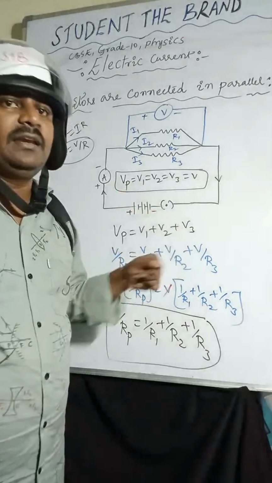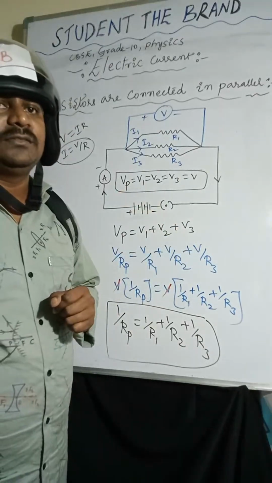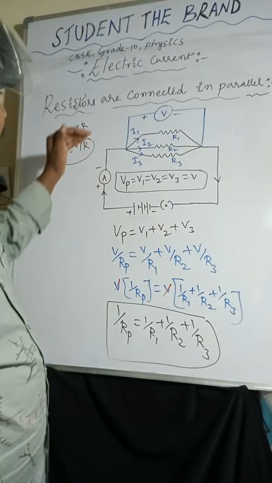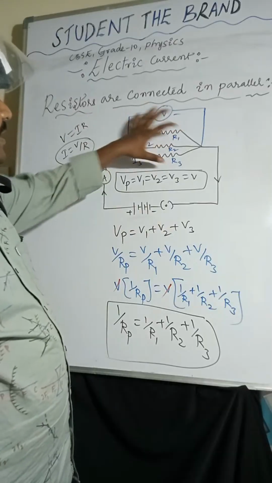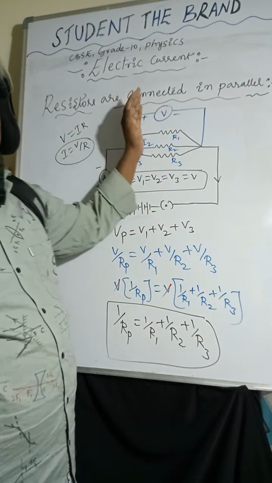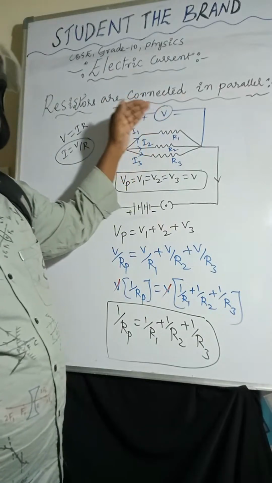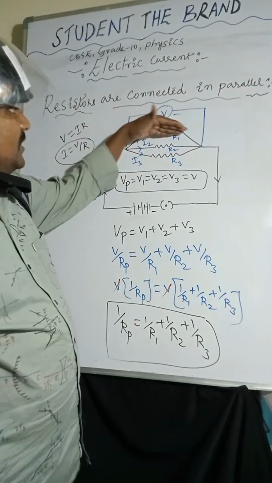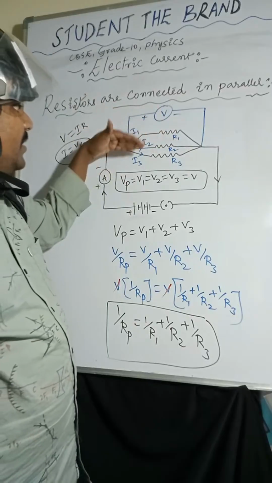Once again, R1, R2, R3 are connected in parallel combination. Current divides into three parts: I1 across R1, I2 across R2, I3 across R3.